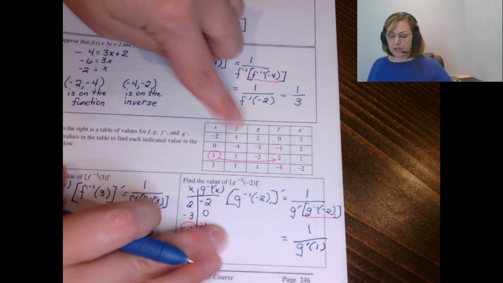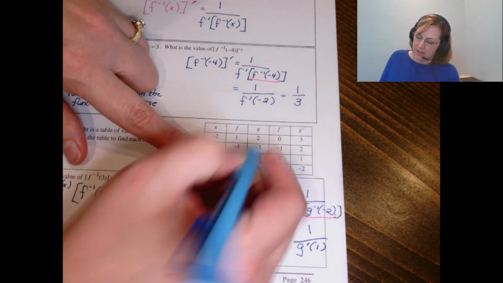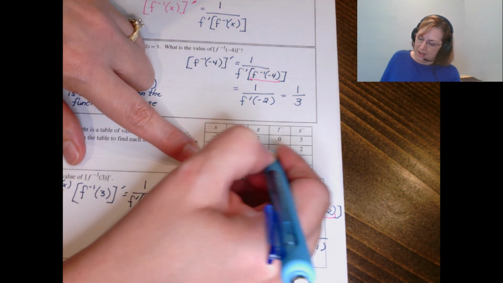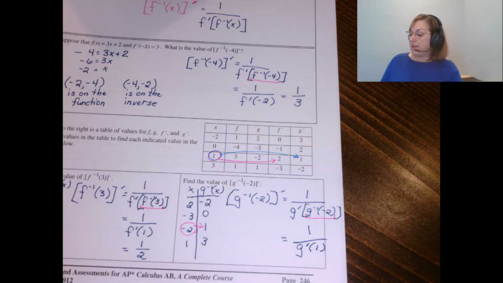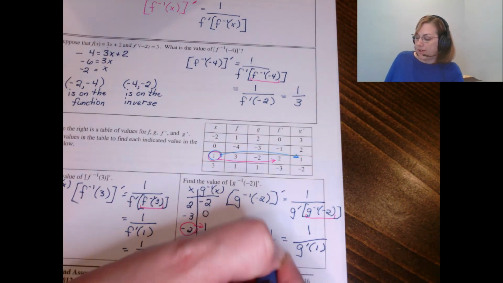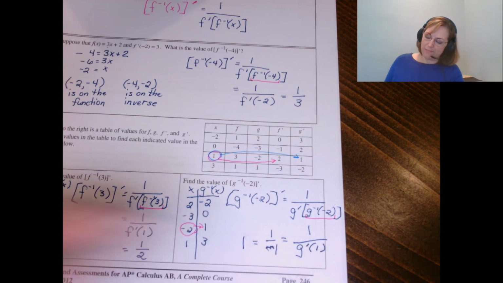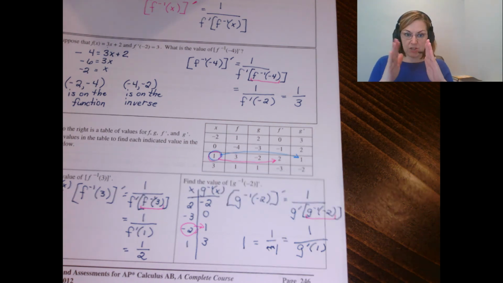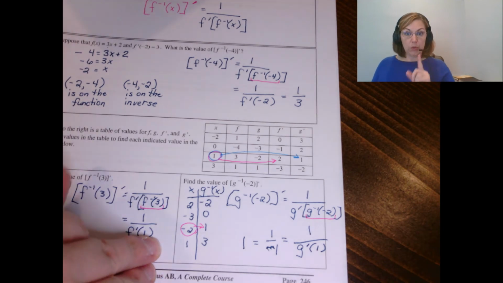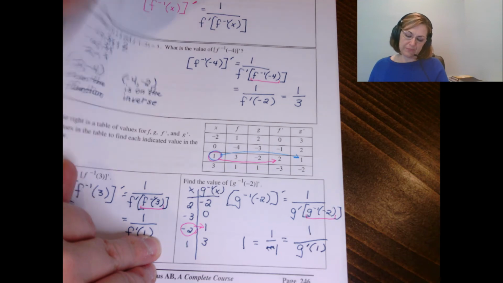Go to your original chart when x is 1. And this time we're going to g prime, which is 1. So I end up with 1 over 1, oops, which is 1. So it takes a little bit of being intentional with our charts, but you can do this. You definitely can find the derivatives here.